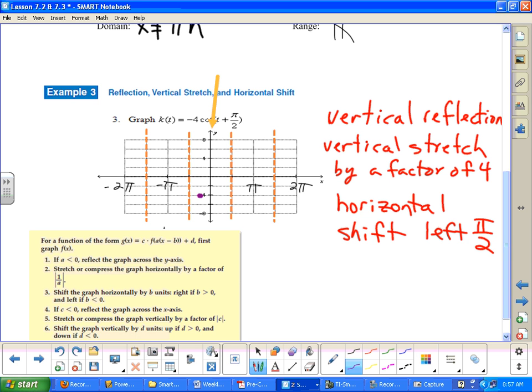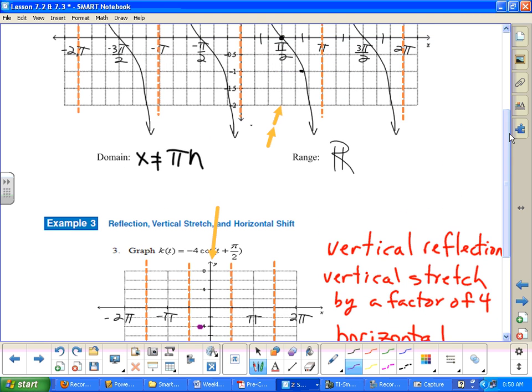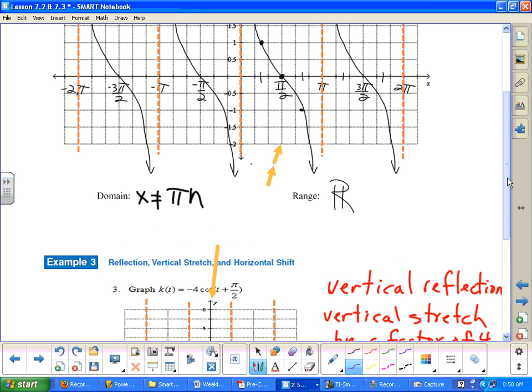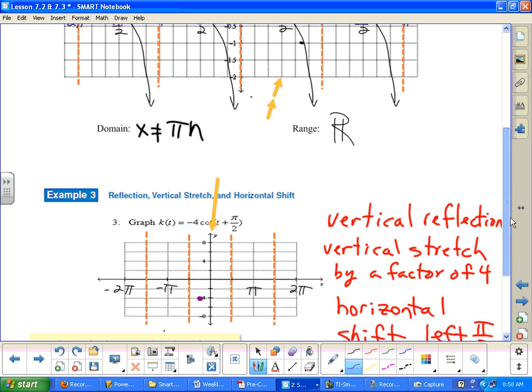Does that make sense? You understand that this section here is the same as this section here on this graph. All I'm doing is moving it to the left pi over 2. Where it was 0 here, what's 0 times negative 4? It's still going to be at 0. And at 3 pi over 4, where it was negative 1, times negative 4 is 4.